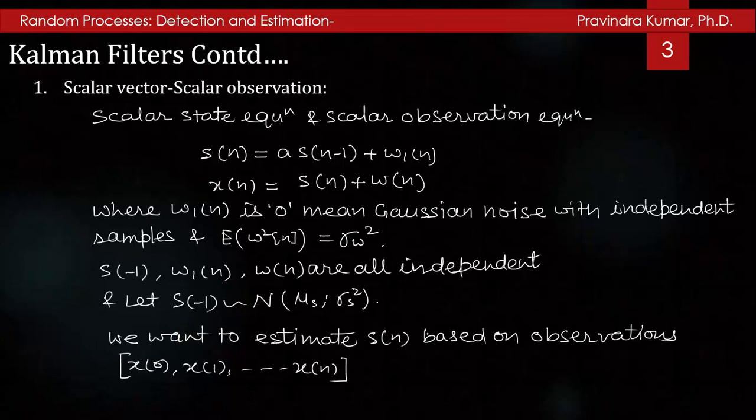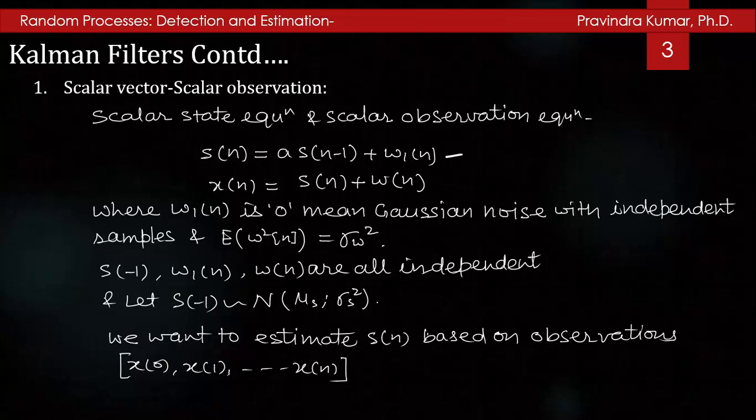Consider the scalar state equation and the scalar observation equation. S[n] is equal to a S[n-1] plus omega[n]. It is the scalar state equation, and the scalar observation equation is x[n] is equal to S[n] plus omega1[n], where omega[n] and omega1[n] are zero mean Gaussian noise with independent samples, having expected value E of omega square n equal to sigma omega square.